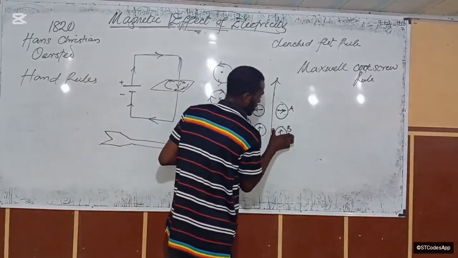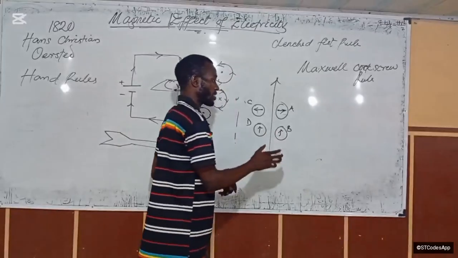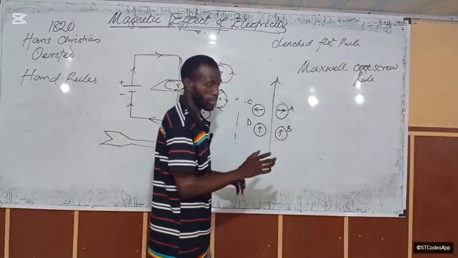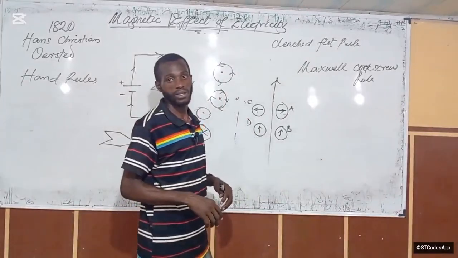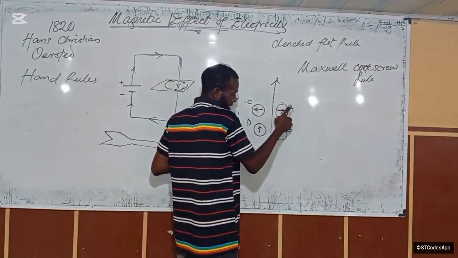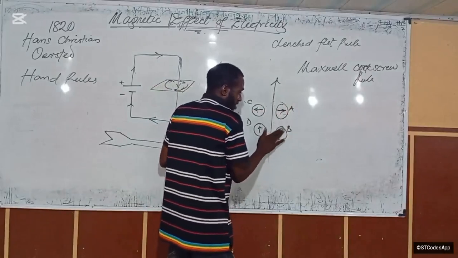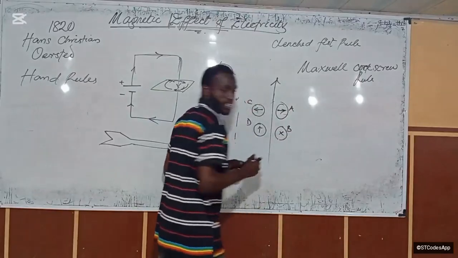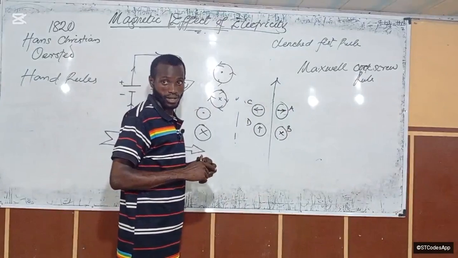This one is on this side. Where will it turn? How will it face? This compass is on this side of the wire. So where will it turn? Okay, let's do it. So this one is turning like this, this one is going like this. So on this side, what is happening? It is entering the board. Does that make sense to you? Are you sure?